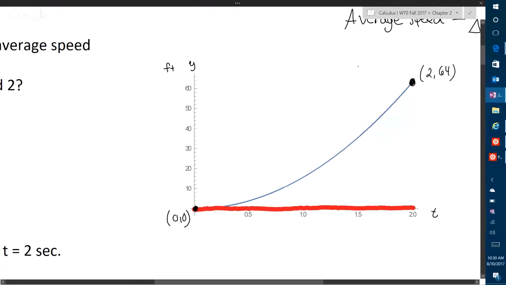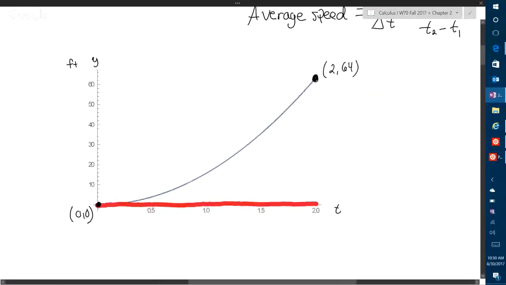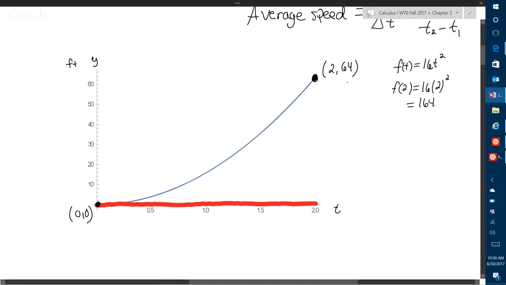What I mean by that is the function that we're using is f of t is equal to 16t squared. If I want to know the value of the function at 2, I just have to substitute into it. So f of 2 is equal to 16 times 2 to the second power, so 16 times 4, which is equal to 64. That's where the 64 is coming from.